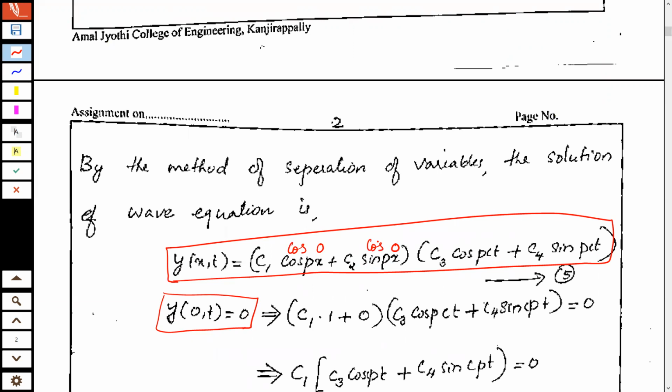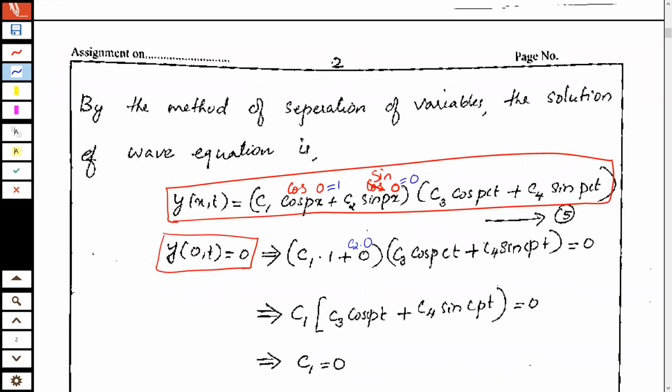We know that cos 0 is 1 and sin 0 is 0. Therefore, the term becomes c1 into 1 plus c2 into 0, that is c1 (c3 cos pct + c4 sin pct) = 0.